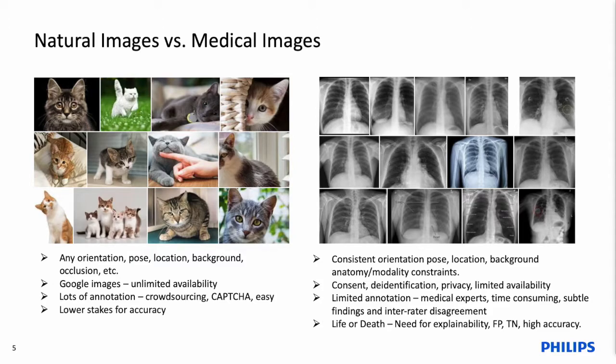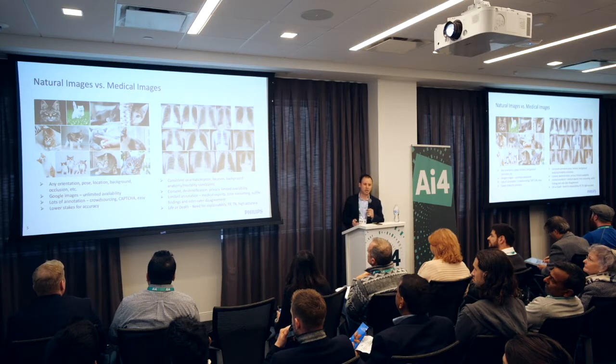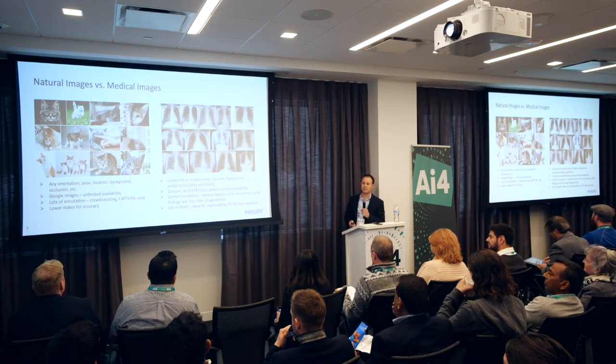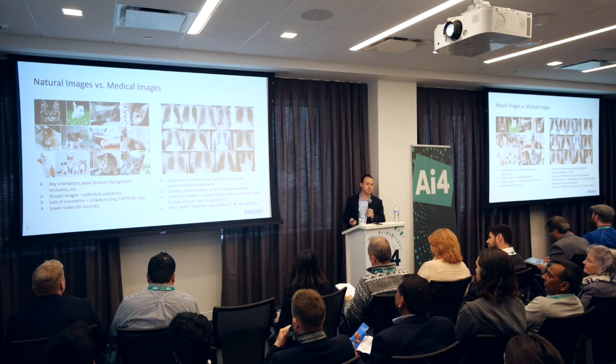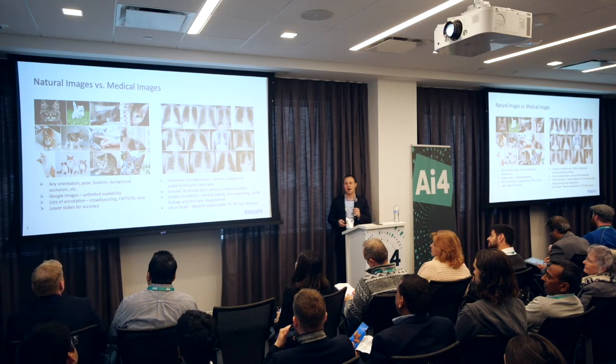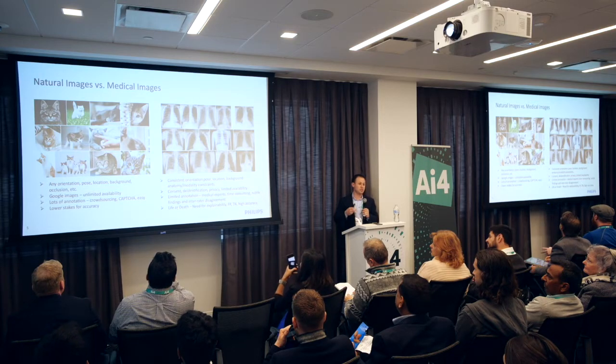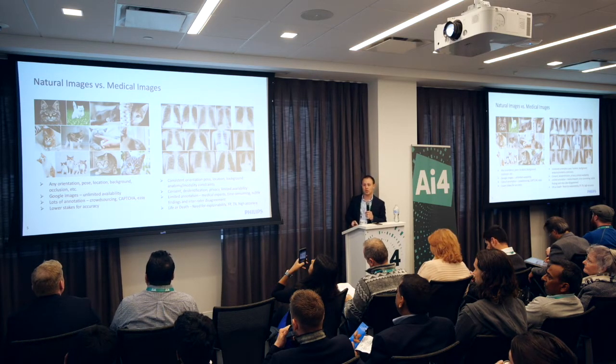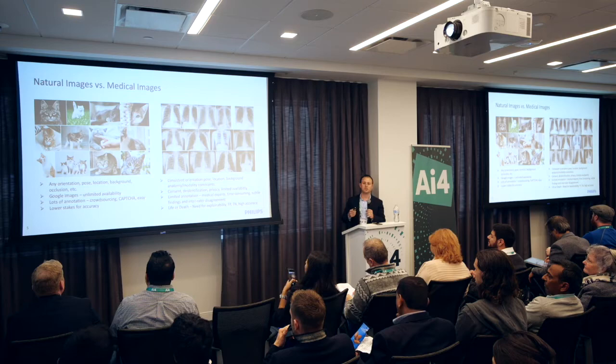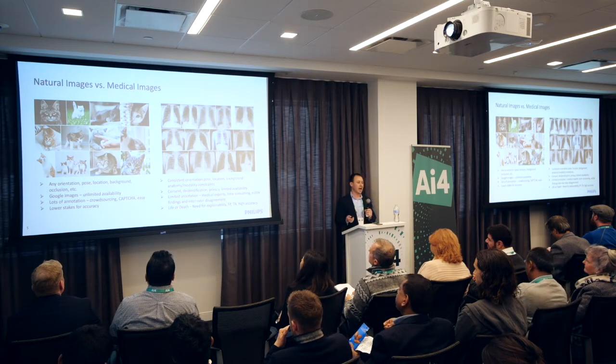So right off the bat, I've done just a simple Google search for cats. Cats seem to be a very hot topic in social media for some reason. And so you can see a lot of different orientations, poses. There are cats that are occluded by something in the foreground. And what we notice is that there's no limit to how many cat images we have.